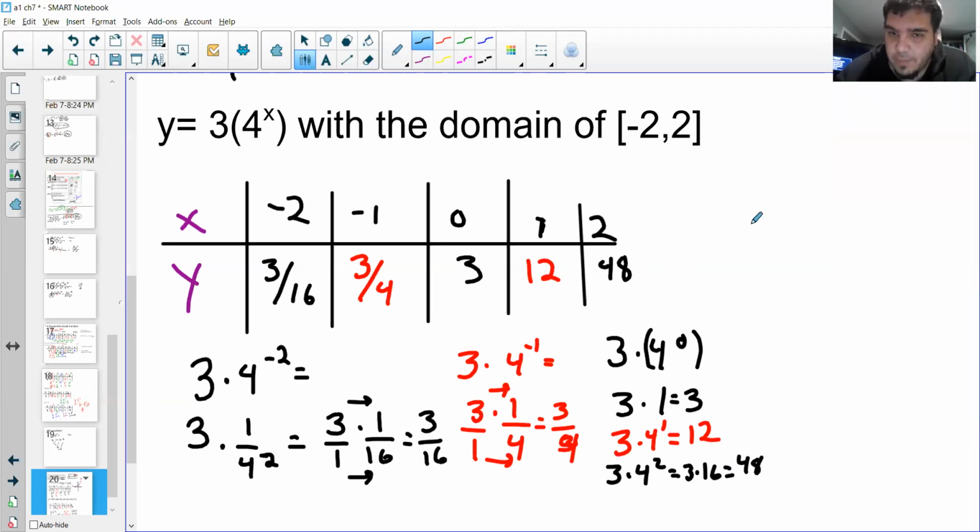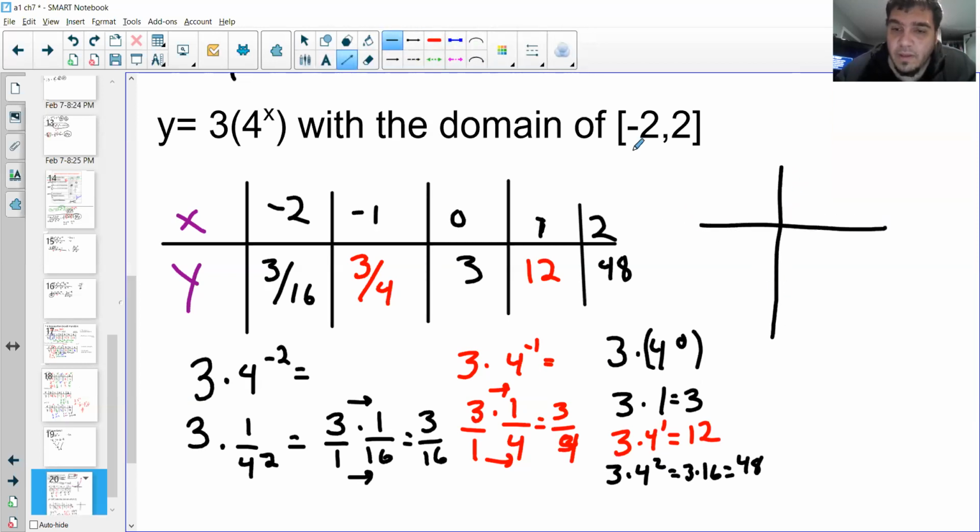Now, the general shape of the graph is going to be the same kind of situation. It's just going to be what we call a little sharper or faster.